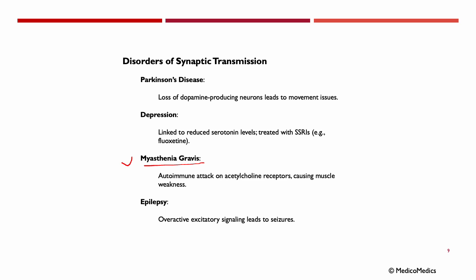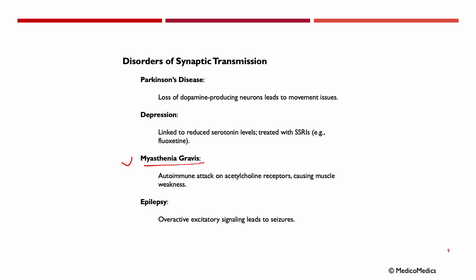Myasthenia gravis is an autoimmune neuromuscular disorder in which our body's immune system produces antibodies that attack acetylcholine receptors at the neuromuscular junction.